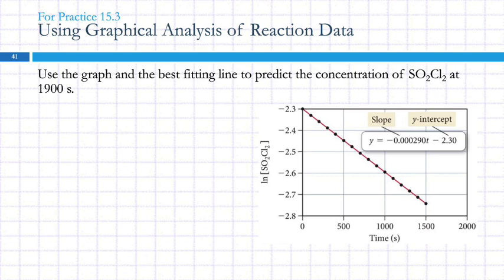So the equation for the line here, y equals negative 0.000290 t minus 2.3.